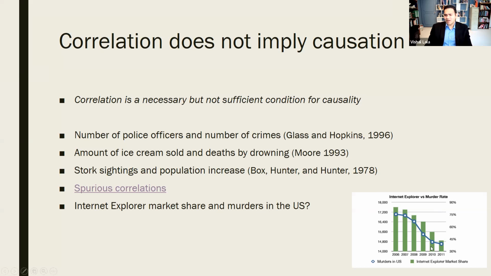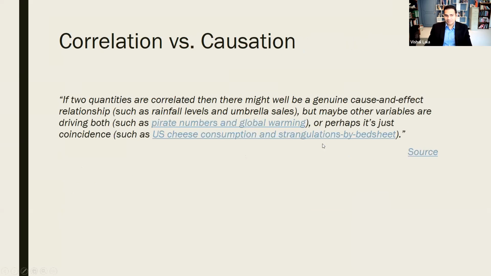And there's a blue line indicating murders in the US. Again, strong correlation between IE market share and murder rate. I don't think one is causing the other, or it would not be reasonable to assume that. So just because two quantities are correlated doesn't mean that there has to be causation. It is possible though, but not a guarantee.